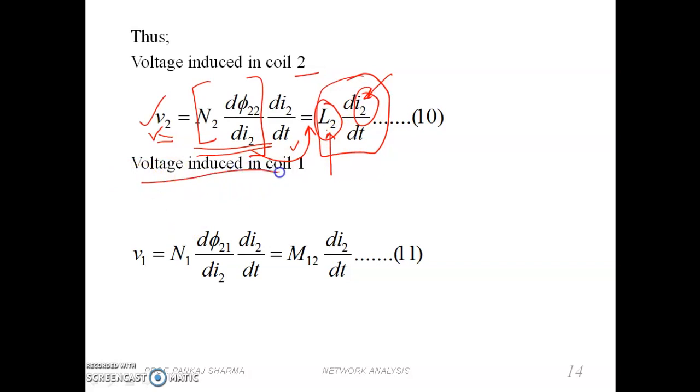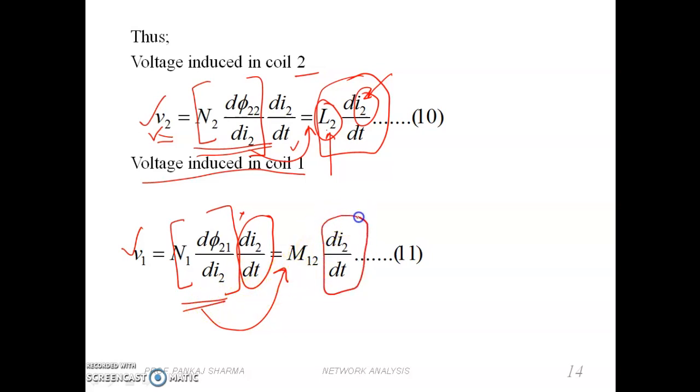Now voltage induced in coil 1, V1 is equal to N1 into d phi 21 by di2 into di2 by dt. This is your M12. Replace this with M12, and this is your di2 by dt.